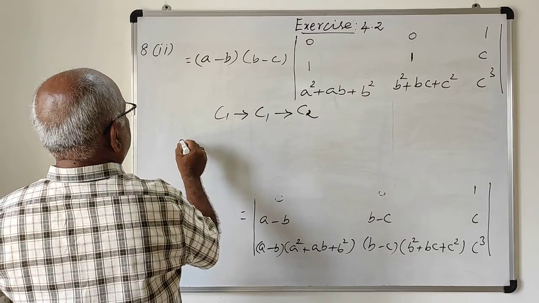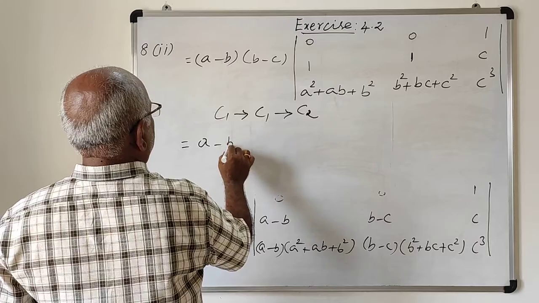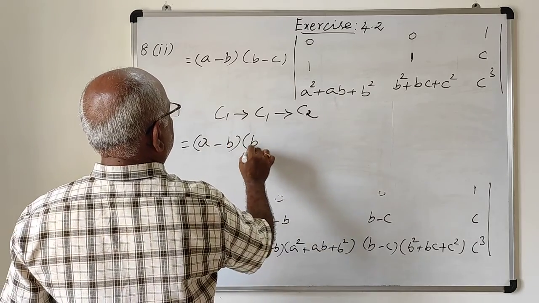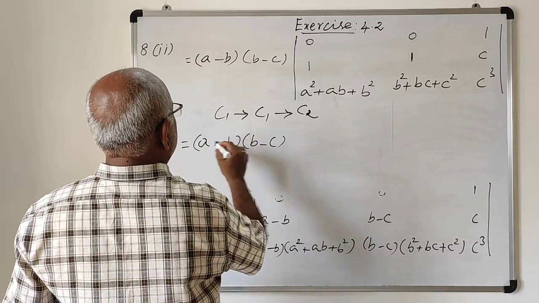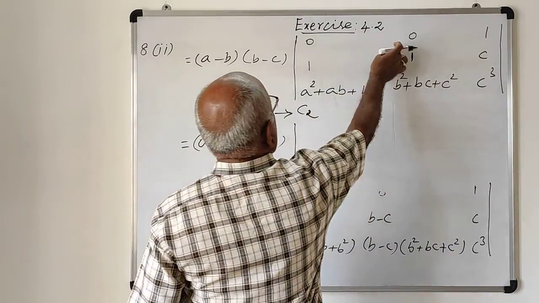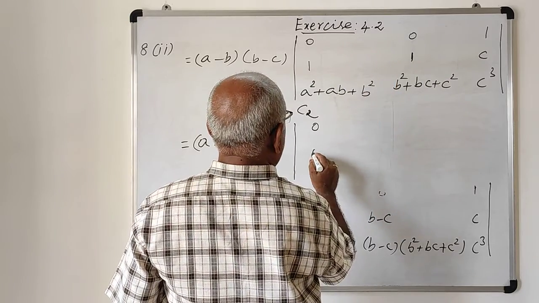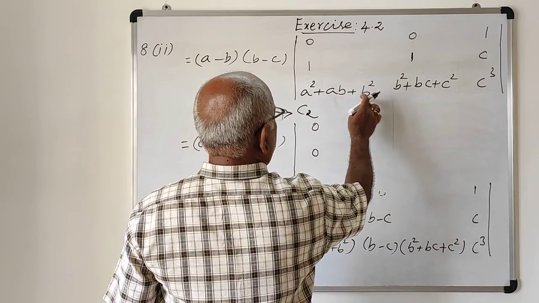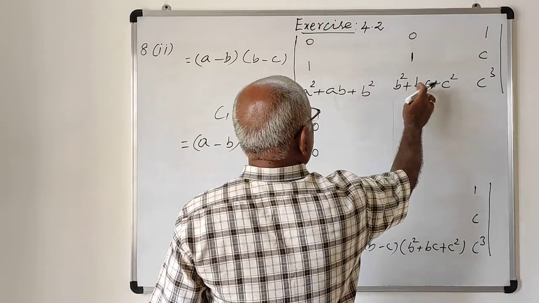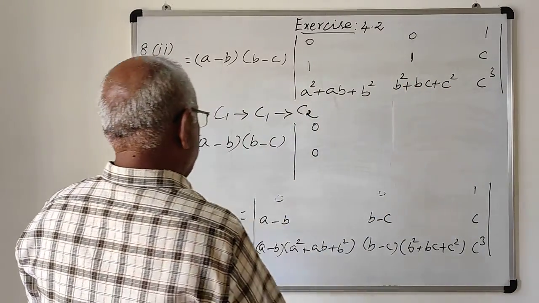That is, already you have (a minus b) and (b minus c) out of the determinant, and C1 is C1 minus C2: 0 minus 0, 0; 1 minus 1, 0; a square plus ab plus b square minus (b square plus bc plus c square). That is what we have seen.